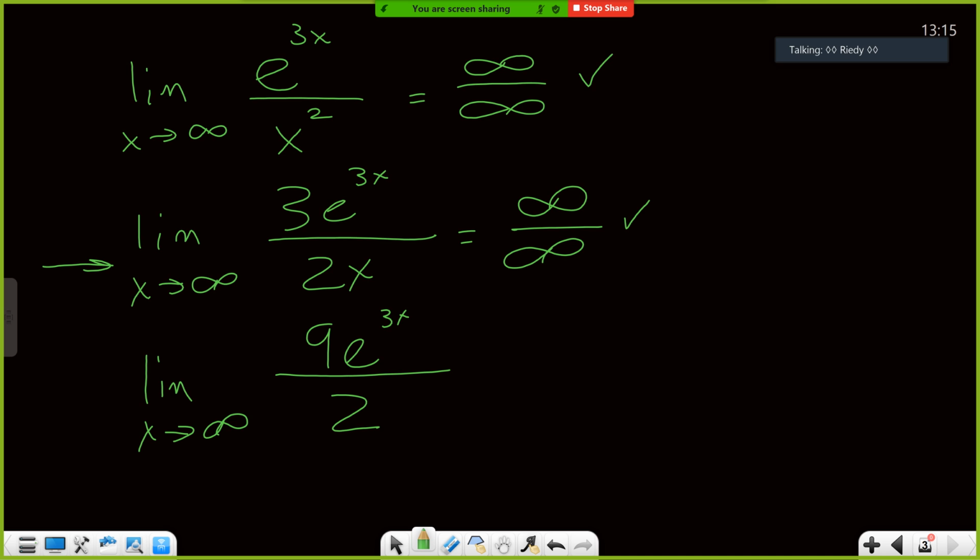All of a sudden, however, the denominator changes into a constant. No longer an undefined term, and in fact, we don't even care. We're going to plug and chug. As x goes to infinity, what happens to e to the 3x? It becomes infinity. If the numerator gets very big, what happens to the entire fraction? It becomes infinity. So that is the correct answer.